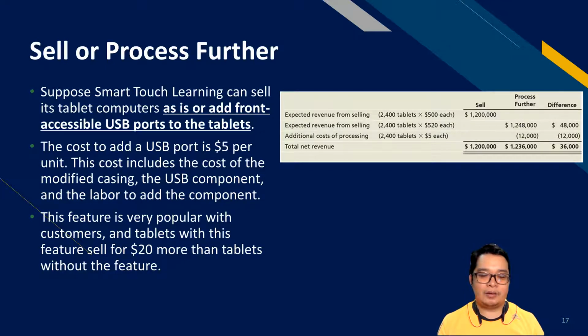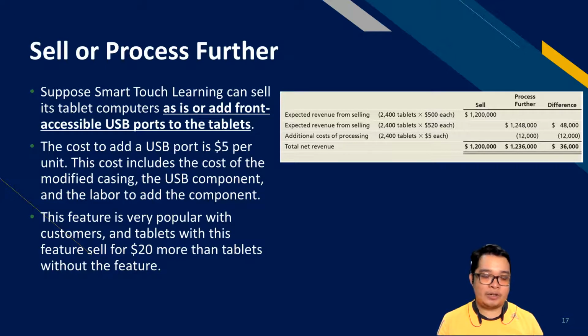Now, what else is relevant? The other relevant item is whether you have additional costs of processing. You have to process it by spending $5 more. So 2,400 times $5 each, so you will have to spend $12,000 to process it further. Looking at the difference, the difference between the selling prices is 48,000, which is 20 times 2,400.